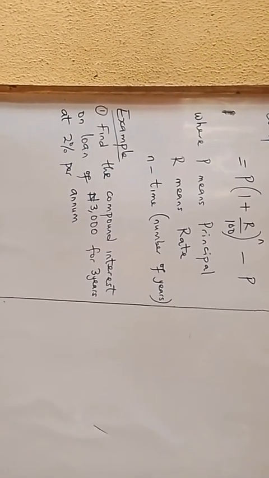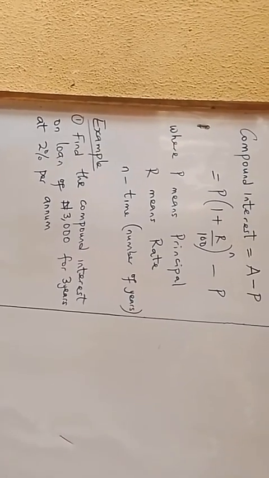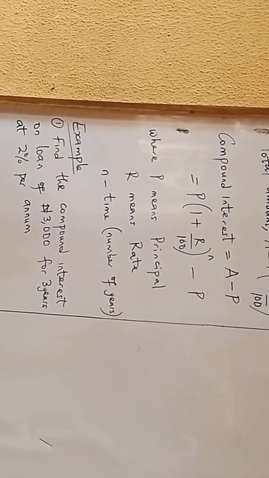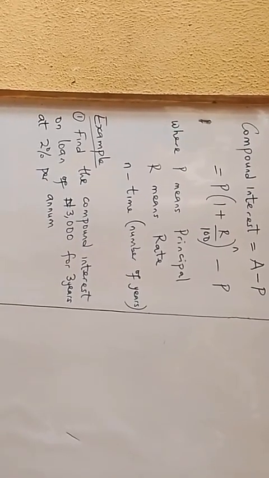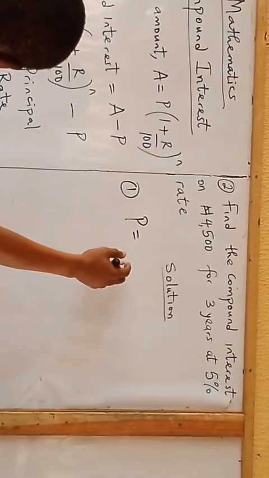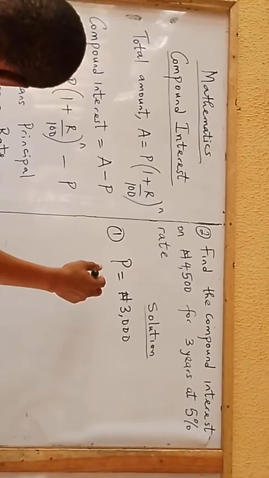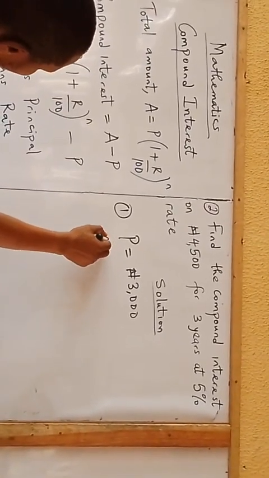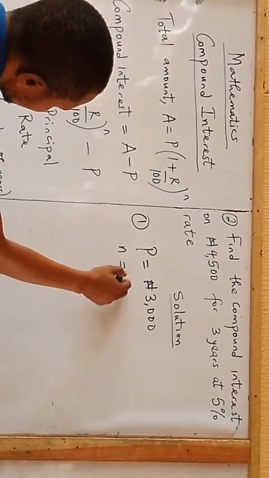The first question, we are asked to find the compound interest on loan of 3,000 naira for 3 years at 2% per annum. So from this question now, our principal is 3,000 naira. And our n, which is the number of years, which is the time, is 3.